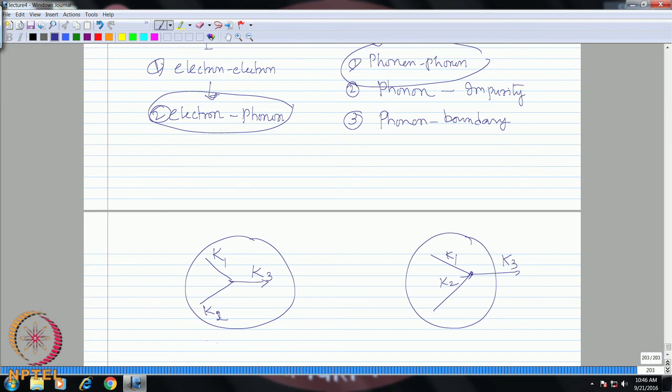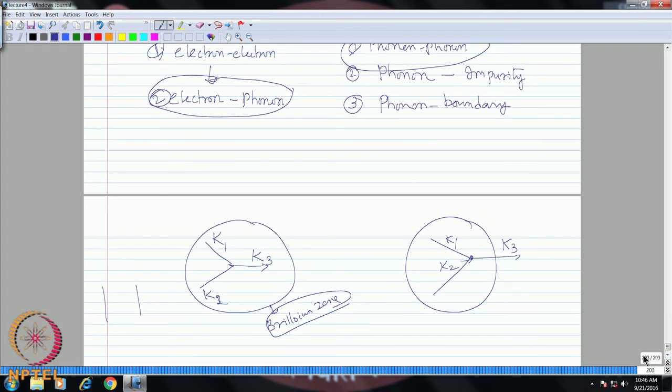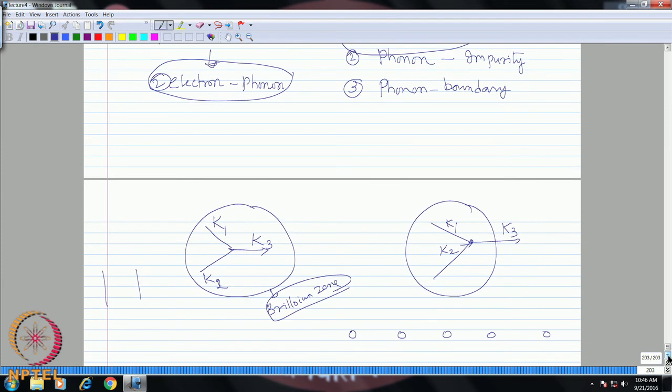You can imagine this boundary, what I have drawn, is the boundary of the Brillouin zone. This is the periodic repetition of this unit lattice structure, and when we talked about the phonon minimum wavelength, we talked about a monatomic lattice, and what is the minimum allowable wavelength?